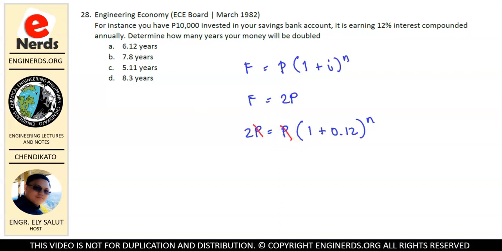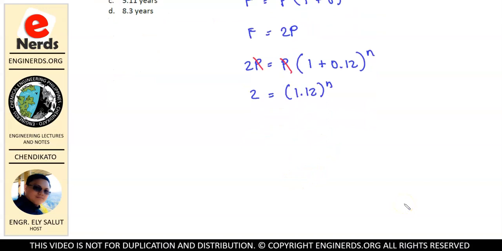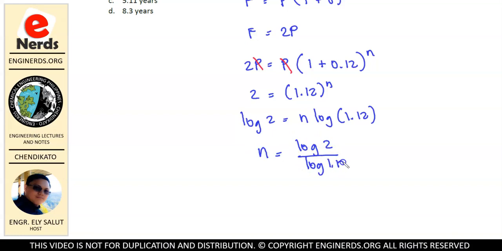So ang maiiwan sa atin dito is 2 is equal to 1.12 to the n. So we can take the logarithm of this. So we have logarithm of 2 is equal to n times the logarithm of 1.12. So our n is equal to log 2 over log of 1.12.